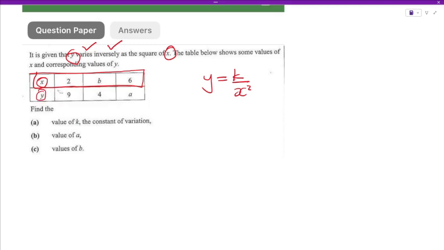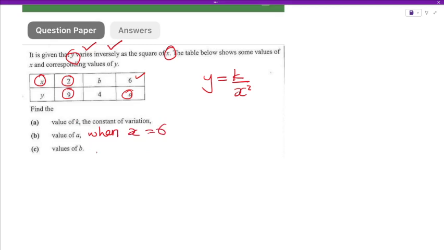So x is 2 when y is 9. When y is 4, x is b. It's the same as when they ask us to find the value of a when x is equal to 6.